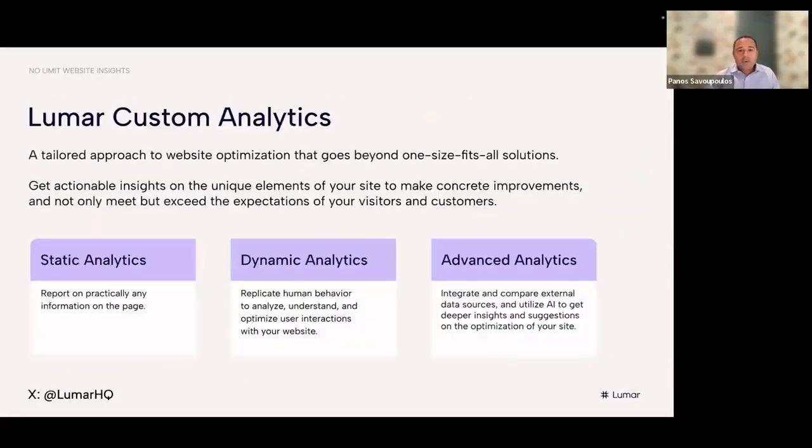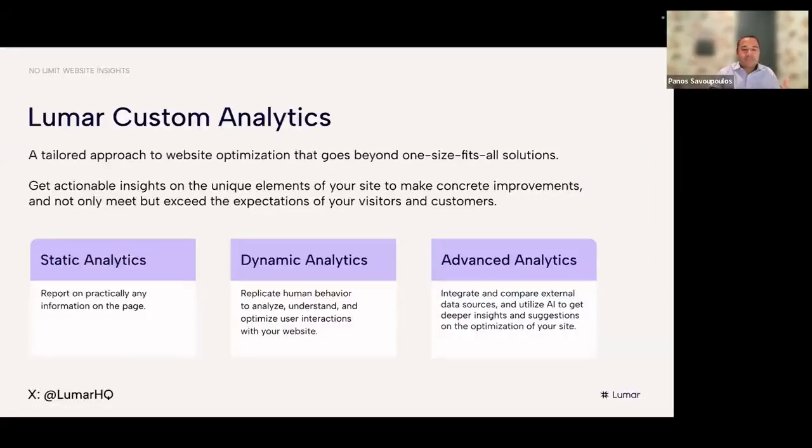Now, there are 3 broad categories for custom analytics. So let's start with static analytics. The idea here is that, as I just mentioned, you can take any HTML from the page at scale for custom insights. This is something that could be as simple as checking web pages for required text or information missing and highlighting when it's missing at broad scale.